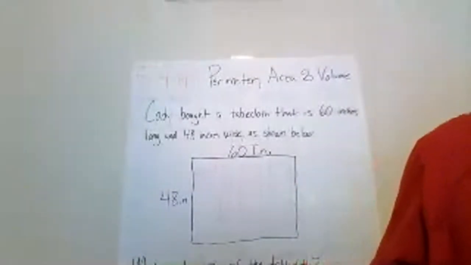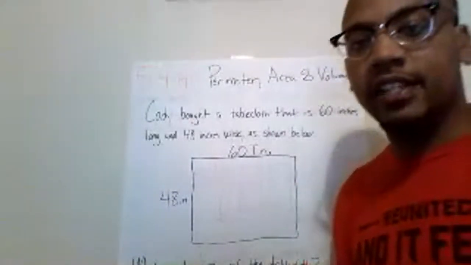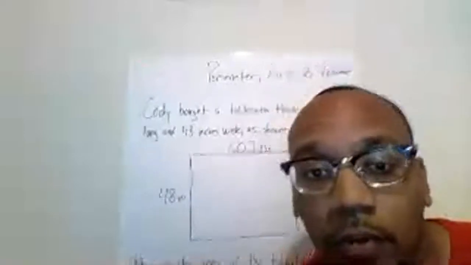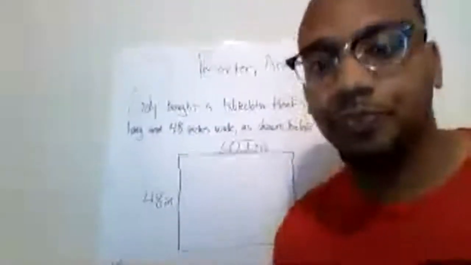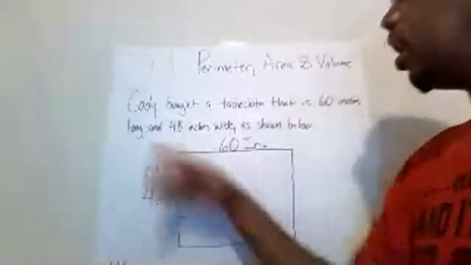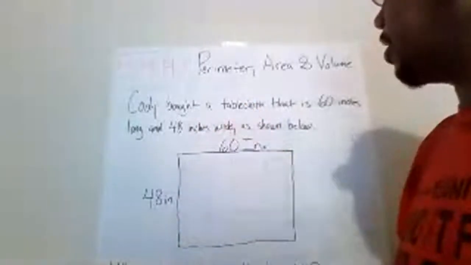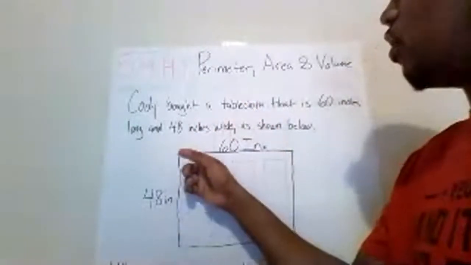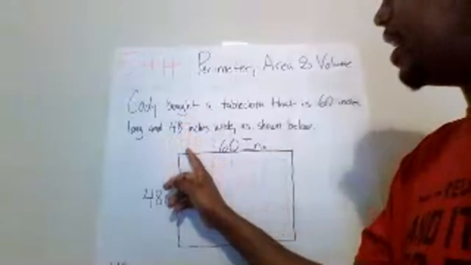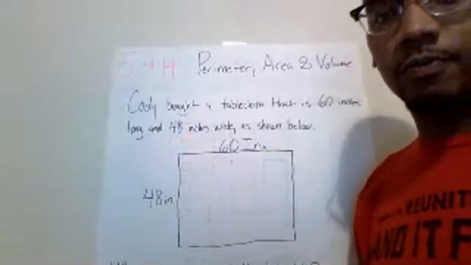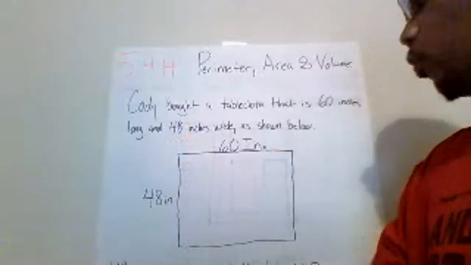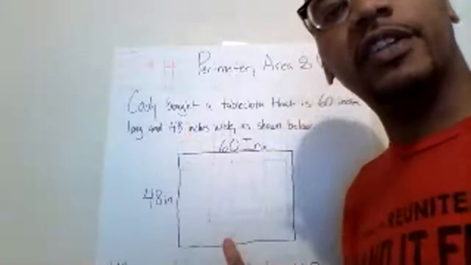It says Cody bought a tablecloth that is 60 inches long and 48 inches wide, as shown below. What is the area of the tablecloth?